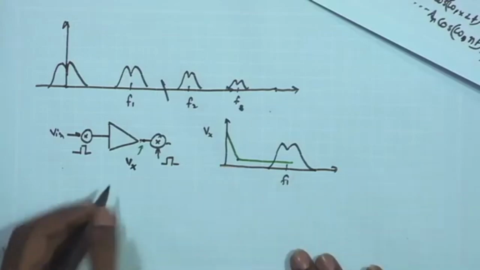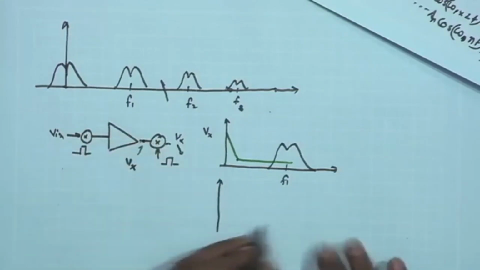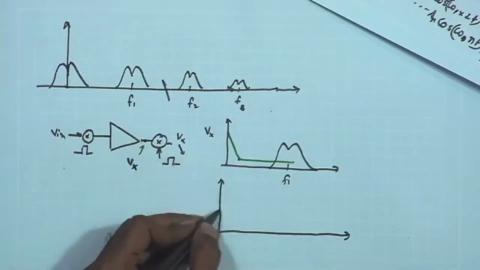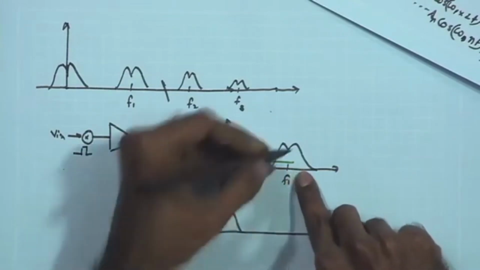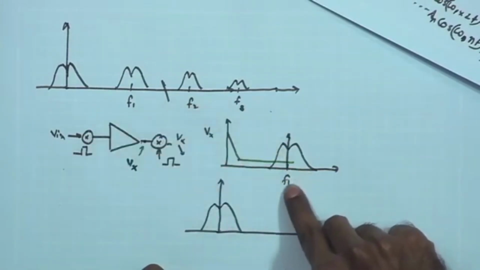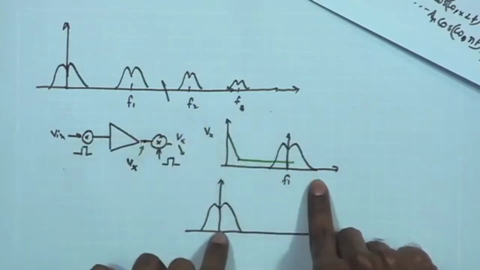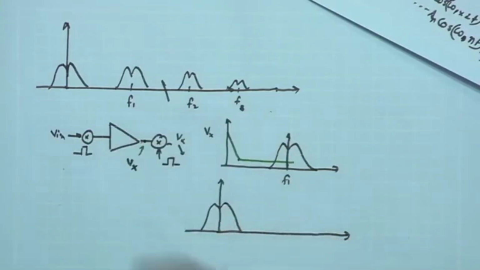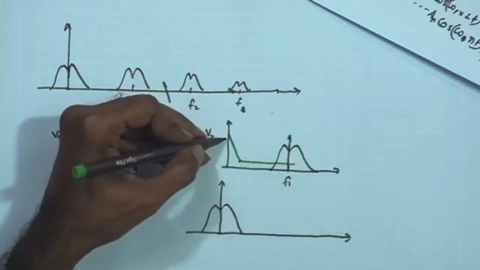So, once again if I multiply this with the square pulse, the final signal that we get over here is once again going to come back to omega equal to 0, because the signal centered around omega 1 multiplied by cos omega 1 t once again is going to result in the DC component, and signals in the vicinity of omega 1 accordingly get shifted towards the frequencies in the vicinity of omega equal to 0. So, we get back our desired signal.